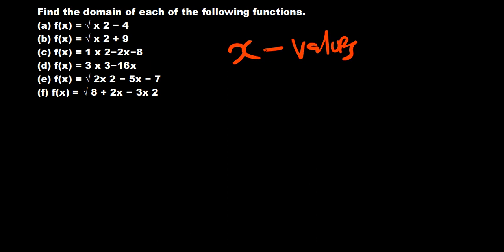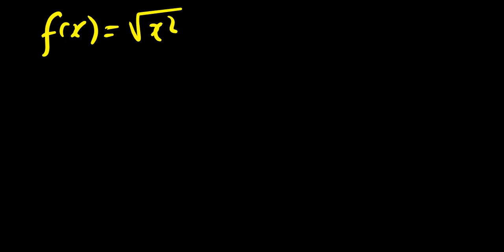Let me use the next page. So let's start with the first one. f of x is equal to the square root of x squared minus 4. How do we solve this one?